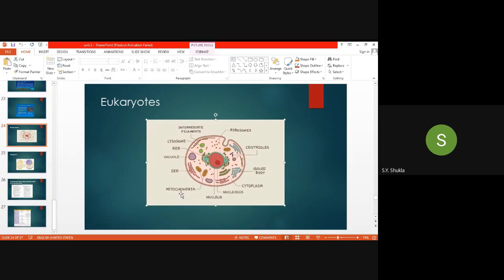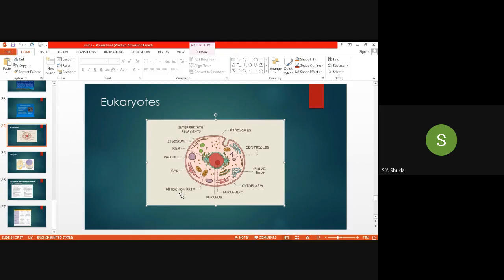Okay, mitochondria are so called the powerhouses of the cell. Whatever energy the cell requires for its functions, where does it take the energy from? From the mitochondria, and that is why mitochondria are called the powerhouses of the cell, because they produce the energy in the form of ATP, that is adenosine triphosphate.